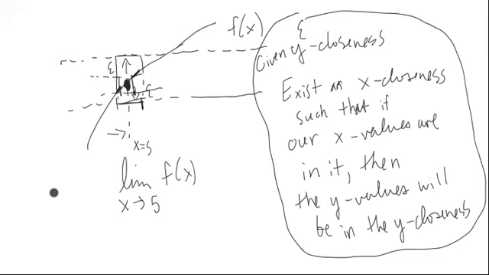It catches things like this. What if you had a function that looks like this? And let's suppose that function works. If we picked a y closeness like this that was too big, then with an x closeness like this, the y values are contained just fine.